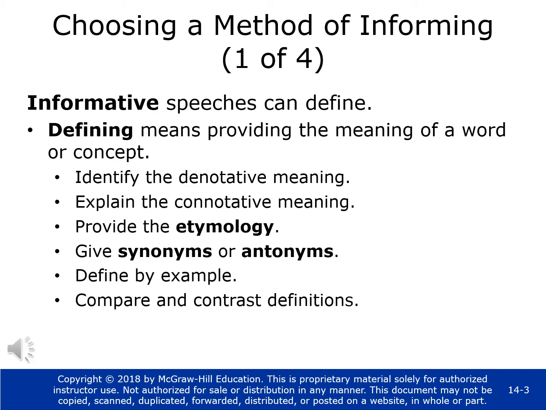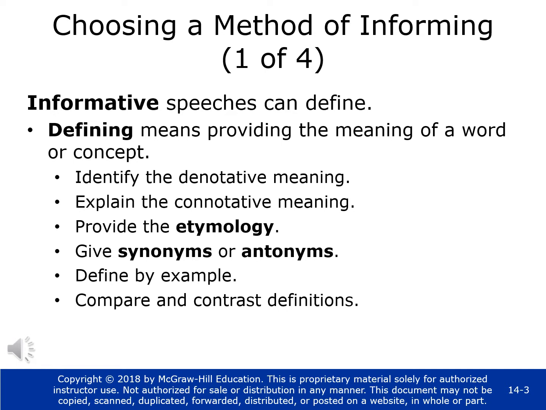So informative speeches can define the subject you're talking about, or maybe a certain word. So it can identify the denotative meaning, and if you remember what denotative means from a previous chapter, it means the literal meaning of something. And connotative meaning is the thought that is evoked, or the thought that comes to mind when you hear that certain word or topic.